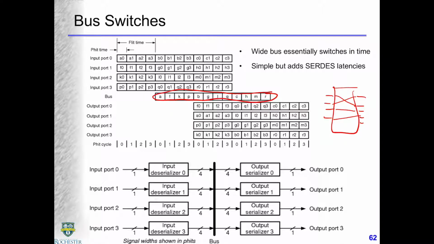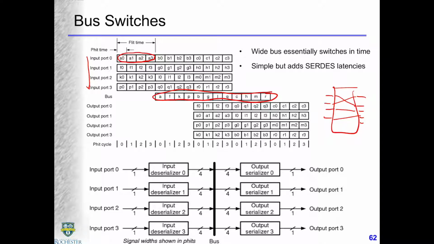Here we give you an example where the input ports have all these flits coming in. Packet A has 4 flits, and I have 4 input ports, and I have a bus 4 times the bandwidth of any of these input ports.